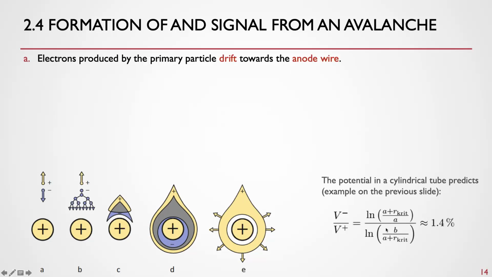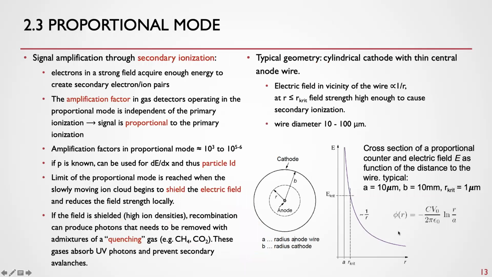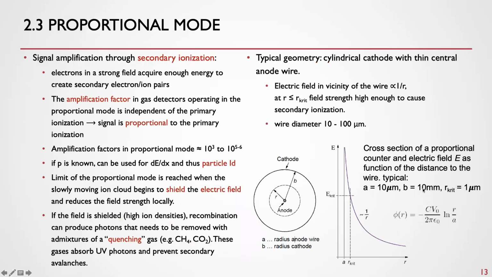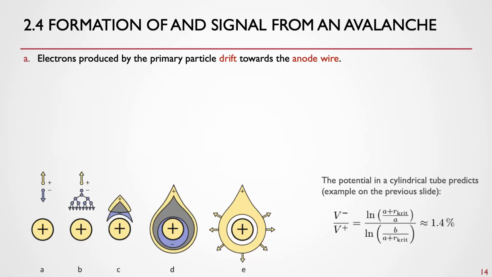ions, because they are created at the same place, A plus R crit, but they move across the whole detector, and that distance in our example can be arbitrarily large. Here we chose it to be 10 millimeters, so a diameter of 2 centimeters.